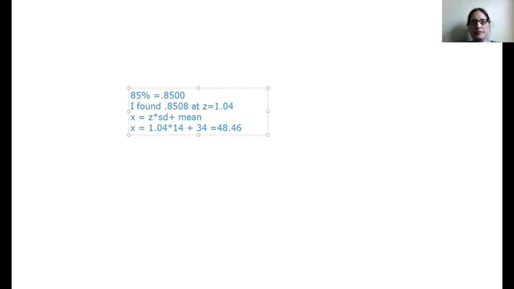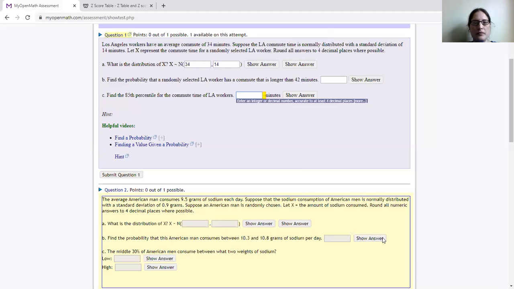Okay. So now, My Open Math is using computers rather than tables, which means that sometimes your answers are going to be just a little bit different.